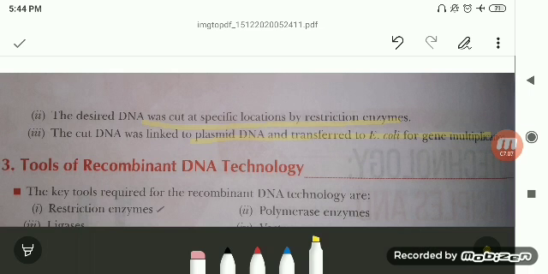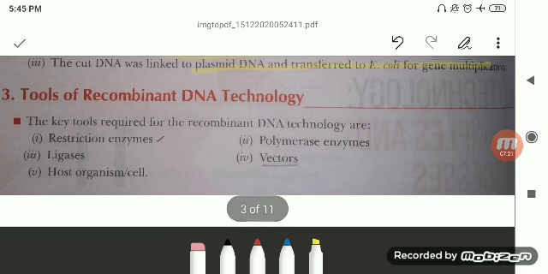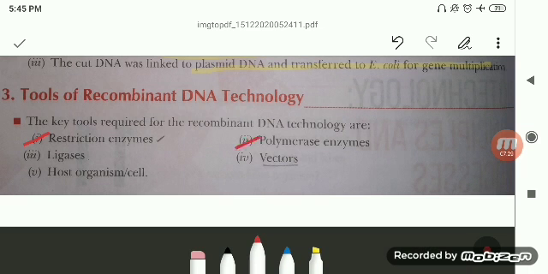Next are the tools of recombinant DNA technology, which we will study one by one in detail. The first tool is the restriction enzyme, the second is the polymerase enzyme, and then we have ligases. Restriction enzymes, polymerase enzymes and ligases all come under the heading of enzymes.